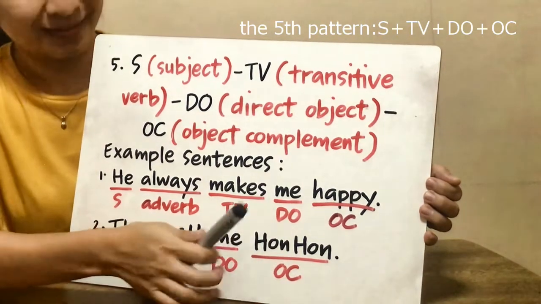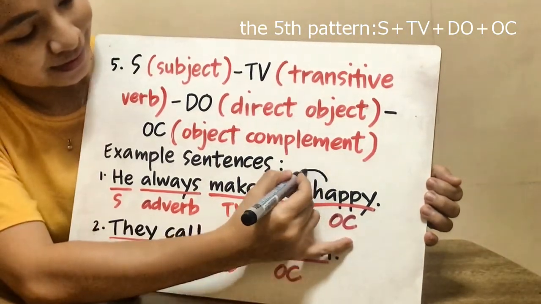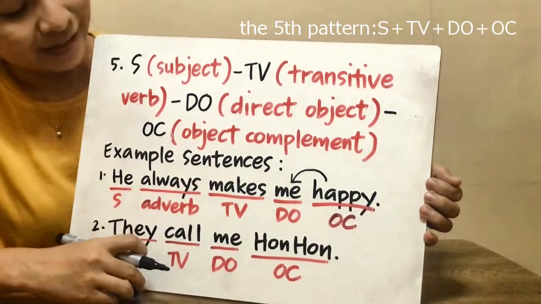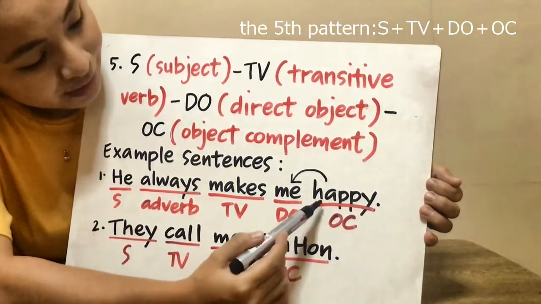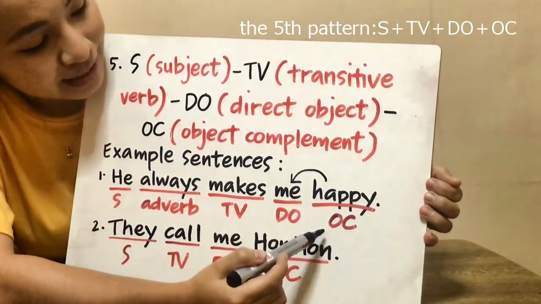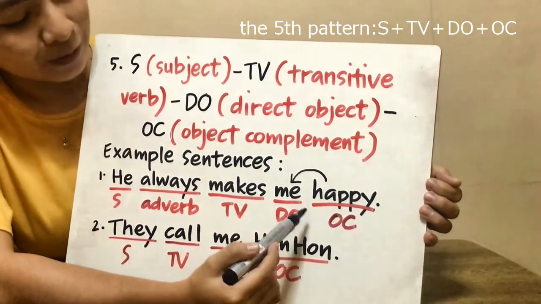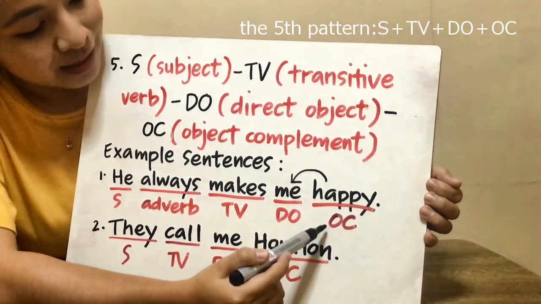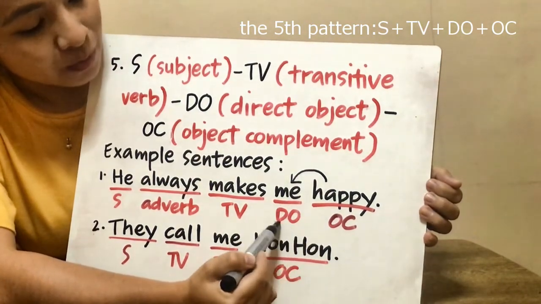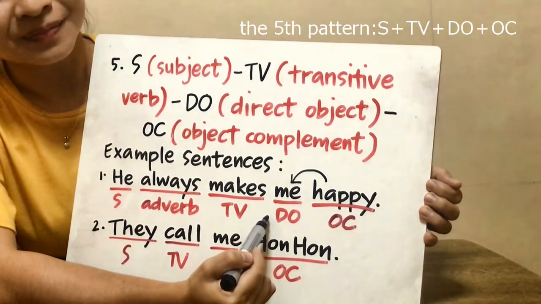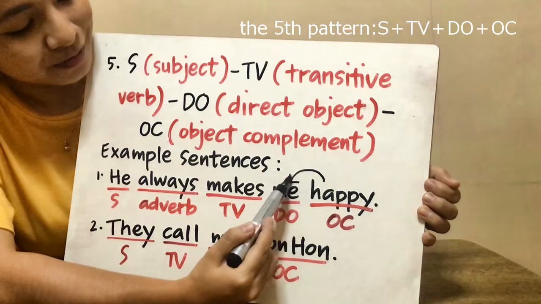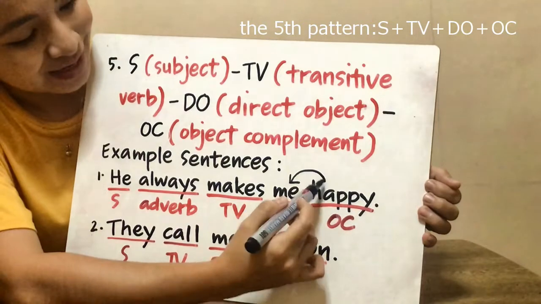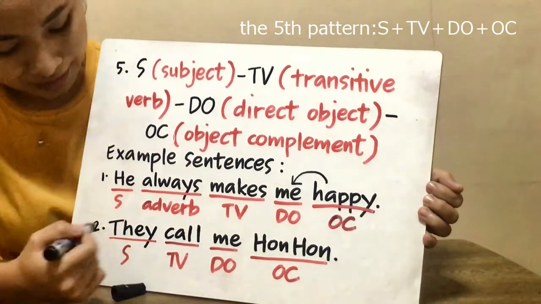So it's like this. So you have to focus in this part. So we have here OC in this case is an adjective. So an OC can be an adjective. So this OC states what DO has become. Can you see the arrow? So it's me who feels happy. Like that.